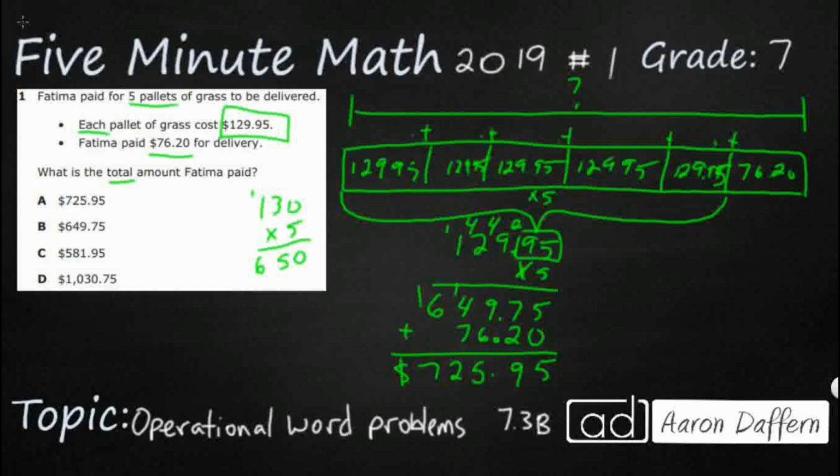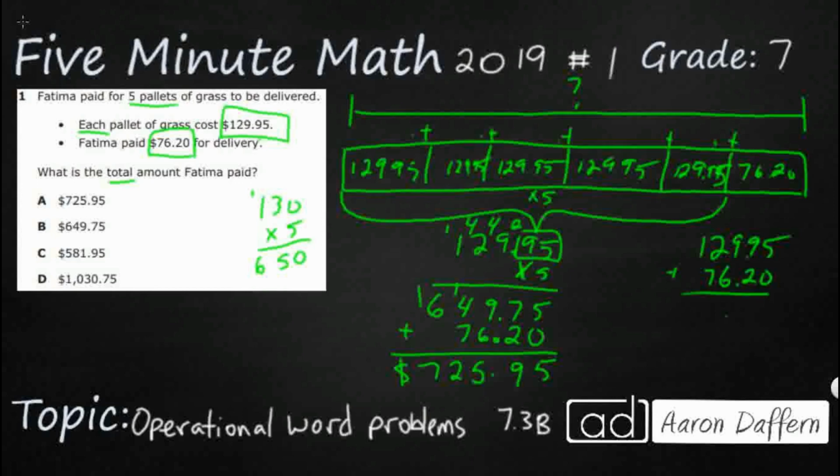Now, the reason I say that's kind of the trick is some might think that the 76.20 is for every single piece of grass there, every single pallet. So what if I were to add this $129.95 and this 76.20?